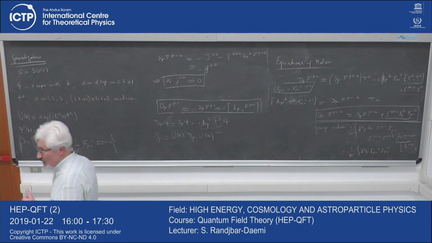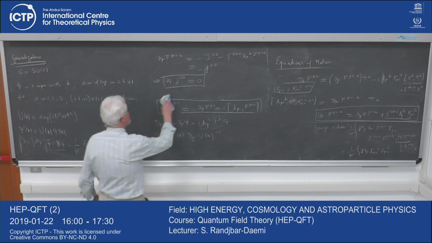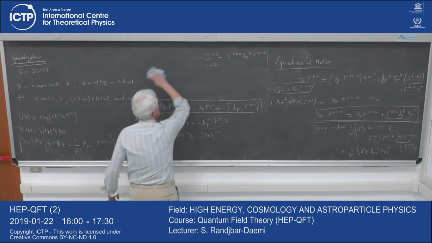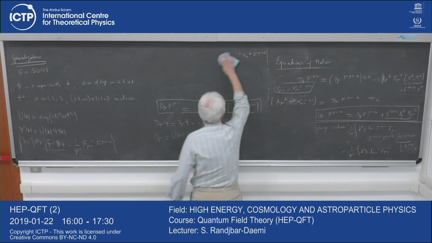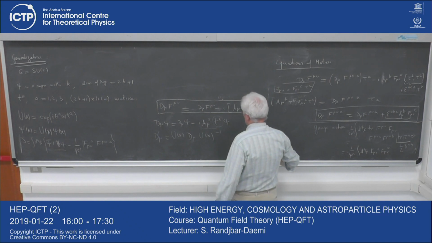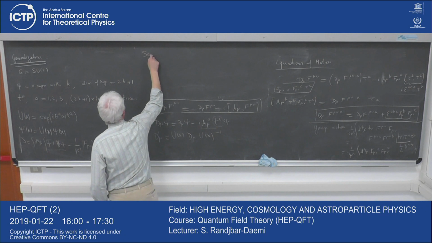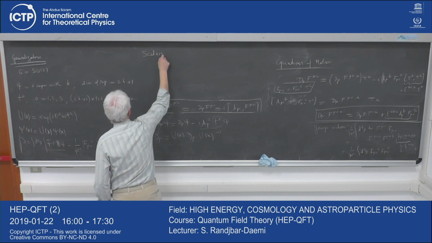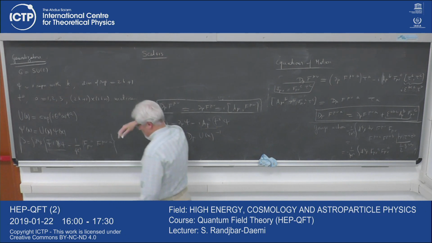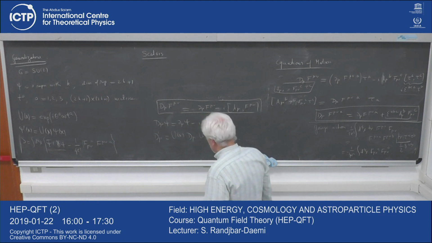In the standard model, we have spinors, vectors, and scalars. But that's also easy. Everything just is how you define the covariant derivative.